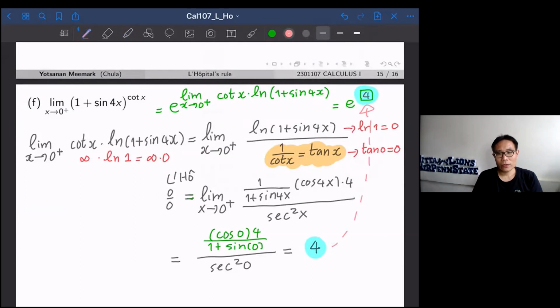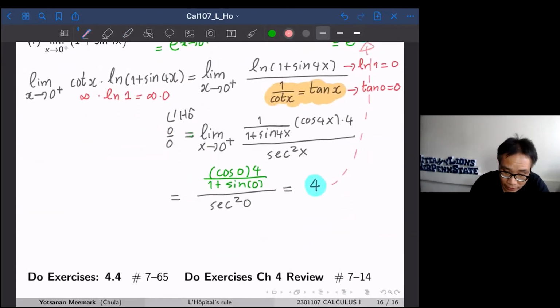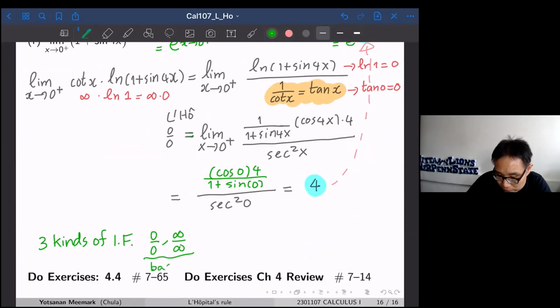So let me conclude that we have three kinds of indeterminate form. You're going to have 0 over 0 and infinite over infinite, the basic one.